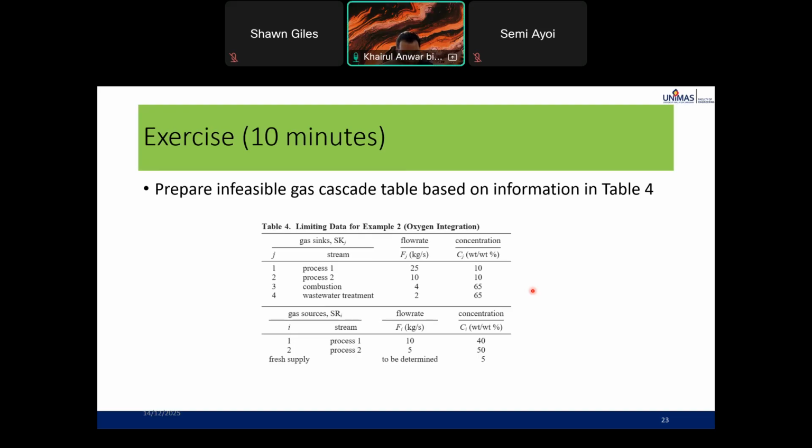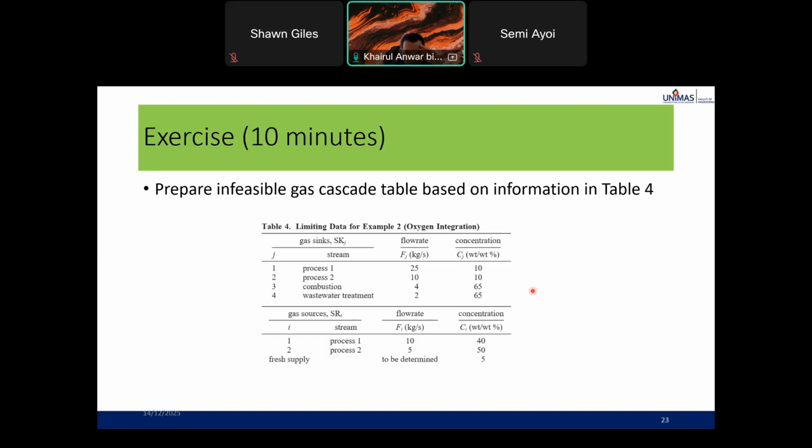Next, sort the concentration in ascending order, from 5 to 100%. So 100% is the maximum.